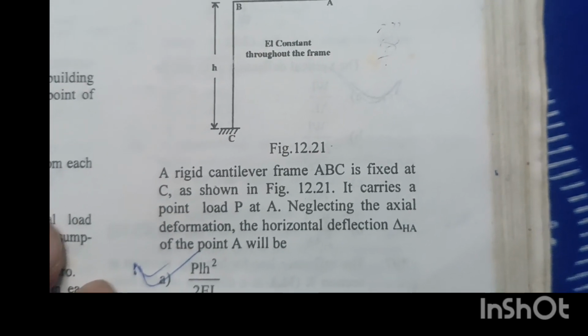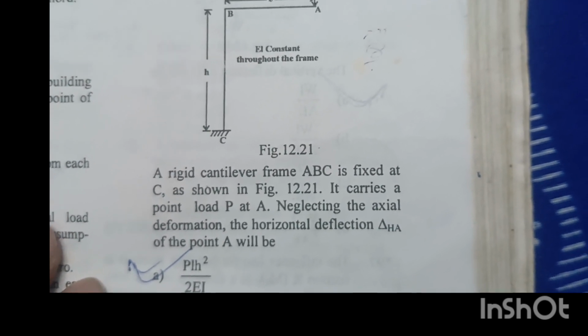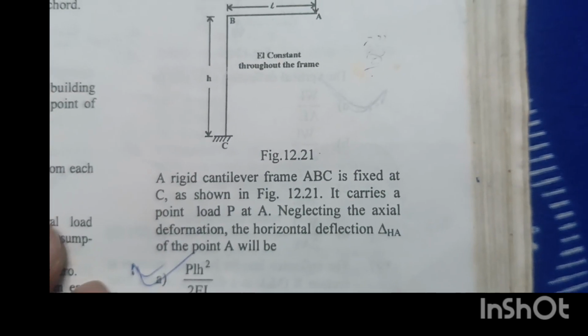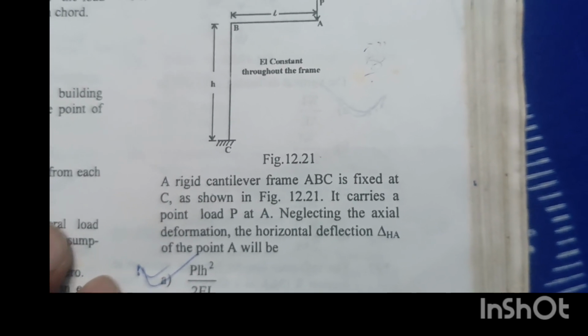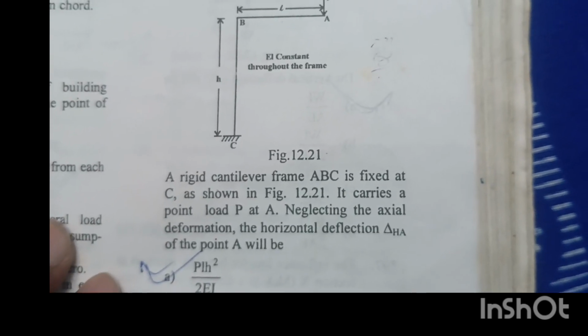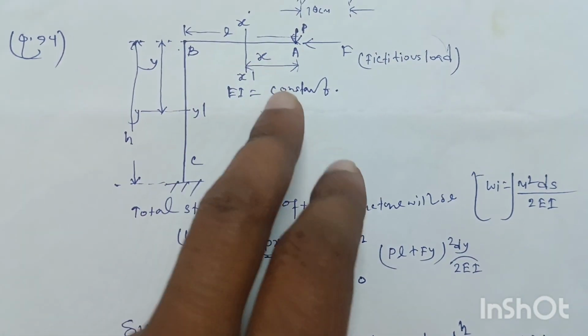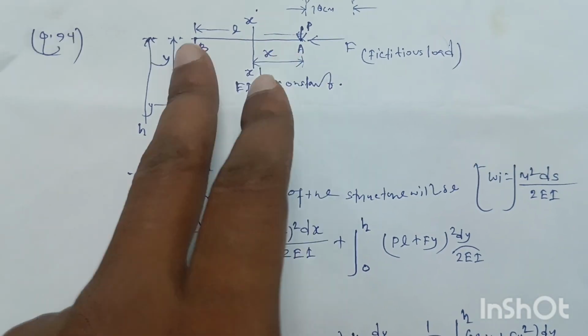Question number 94. A rigid cantilever frame ABC is fixed at end C. As shown in figure 12.21, it carries a point load P at A. Neglecting the axial deformation, the horizontal deflection delta HA of the point A will be. As per the question, a rigid cantilever frame ABC consists of two members AB and BC.